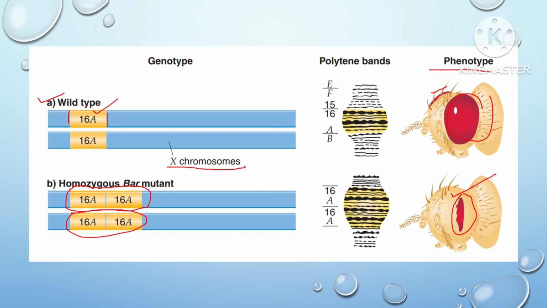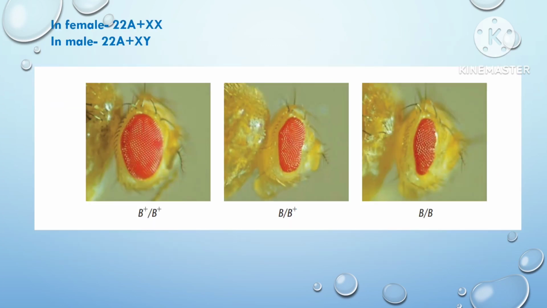So the 16A segment of this chromosome is duplicated here, and for this the phenotype is changed from oval to slit like, this bar shape. This 16A segment position is actually found on the X chromosome.